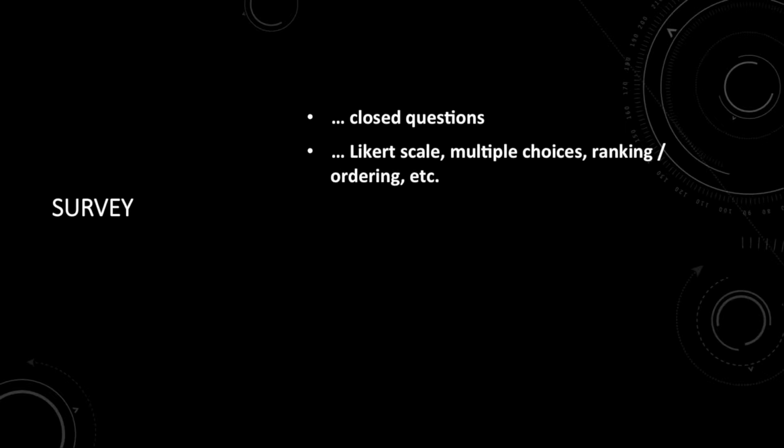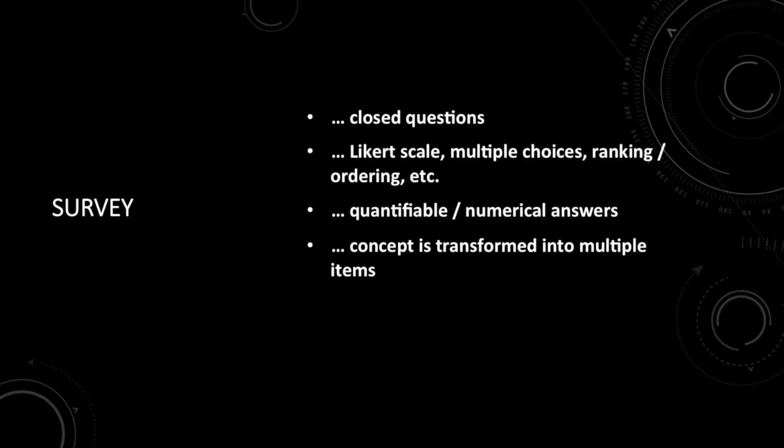That is why surveys should contain mostly closed questions or items, so Likert scale items, multiple choices, ranking and ordering, things of that nature. Because ultimately, what we want from the survey is numerical, quantitative data. What is also important to bear in mind is that, generally speaking, we measure one particular concept using multiple survey items.